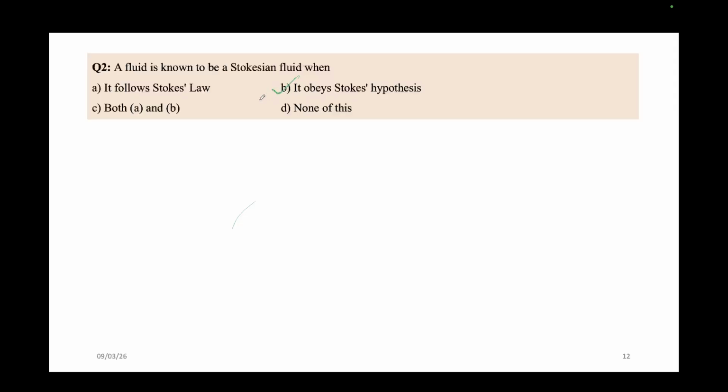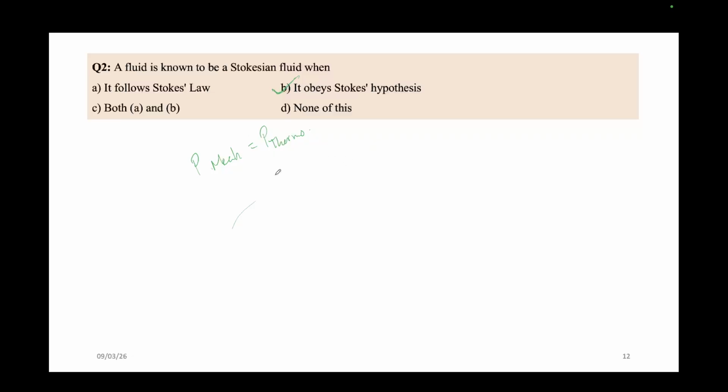That means for a fluid to be a Stokesian fluid, first it needs to be a Newtonian fluid, because the Stokesian fluid is a subset of the Newtonian fluid. Next, it should follow this property: the mechanical pressure should equal the thermodynamic pressure.